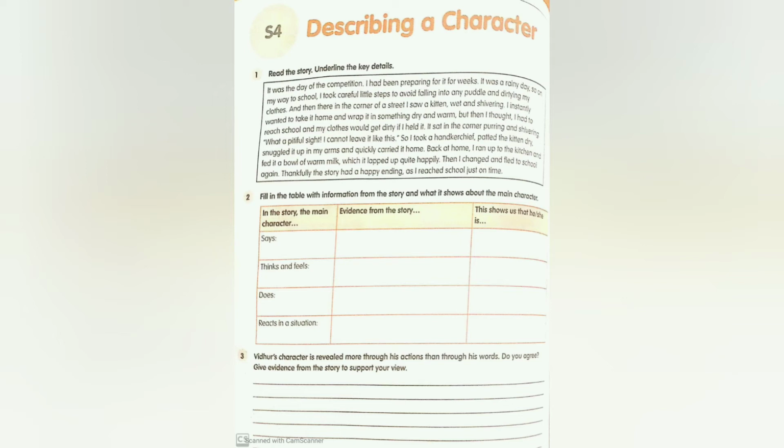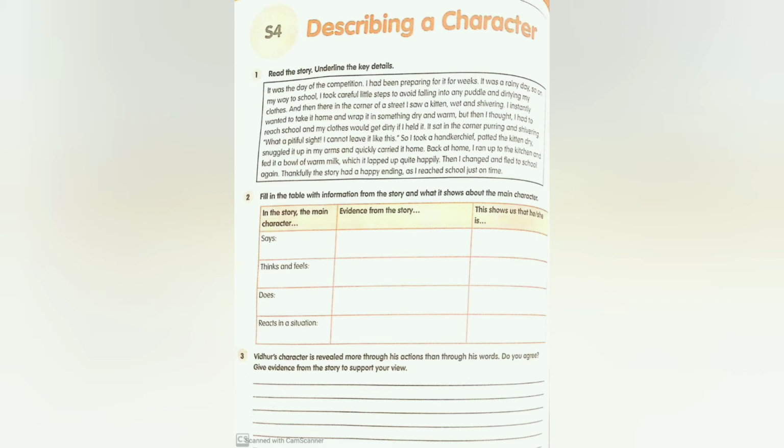Does: patted the kitty dry, snuggled it up in my arms, carried it home and fed the kitten a bowl of warm milk. This shows us she is compassionate and helpful. Reacts in a situation: helps a wet and shivering kitten without caring about getting late for school. This shows us she is helpful and not selfish.